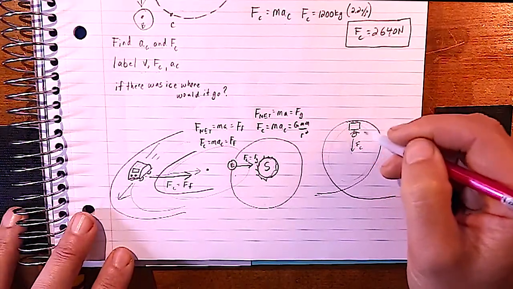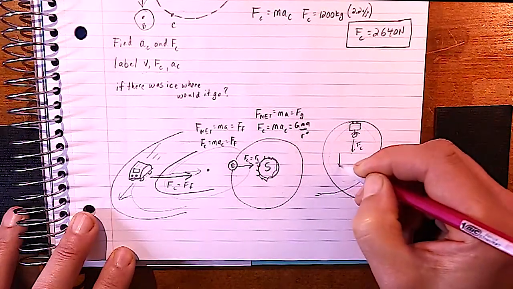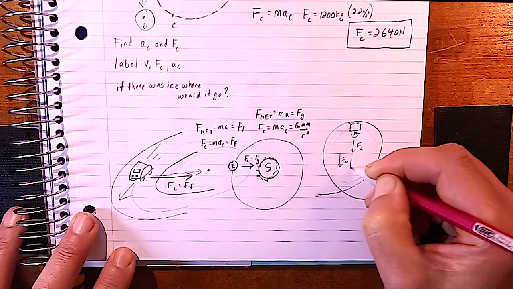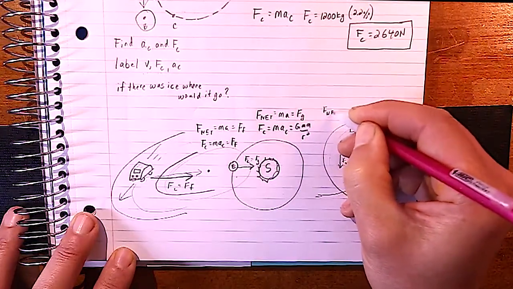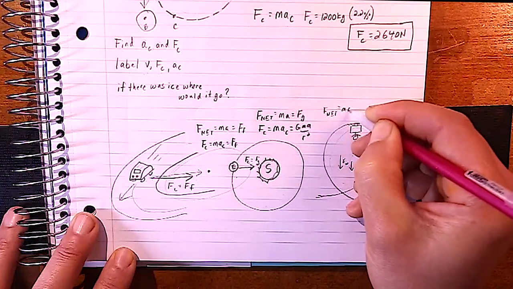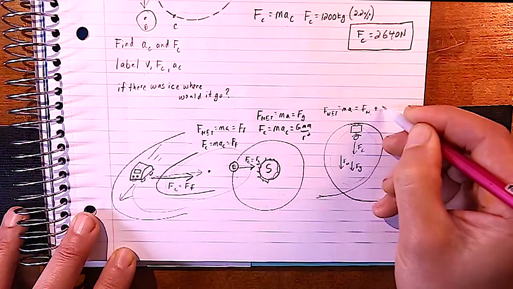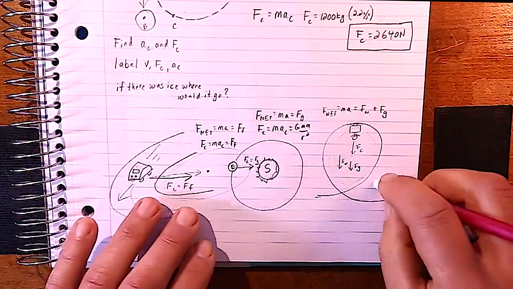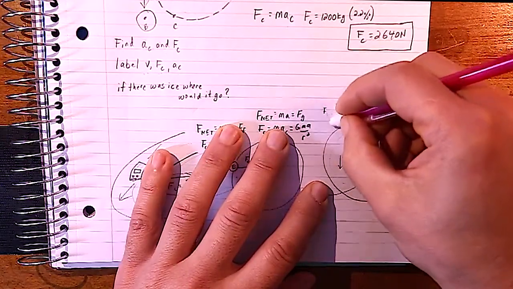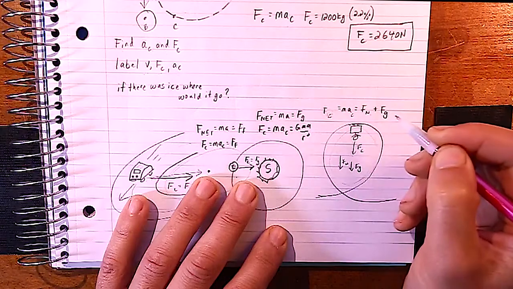So we have two forces that are acting as the centripetal force, and that would be the normal force of the track, and the force of gravity. So our net force equation would be F net equals ma equals Fn down plus Fg down. What can we do to solve it for centripetal? Well, we would just change that net force to Fc and m ac.